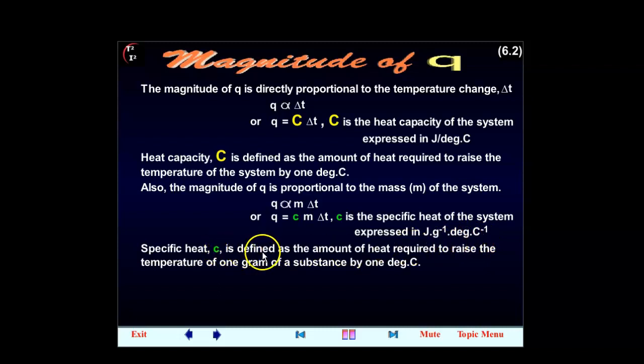Specific heat, C, is defined as the amount of heat required to raise the temperature of 1 gram of a substance by 1 degree Celsius. This equation is often written as Q equals M C delta T.